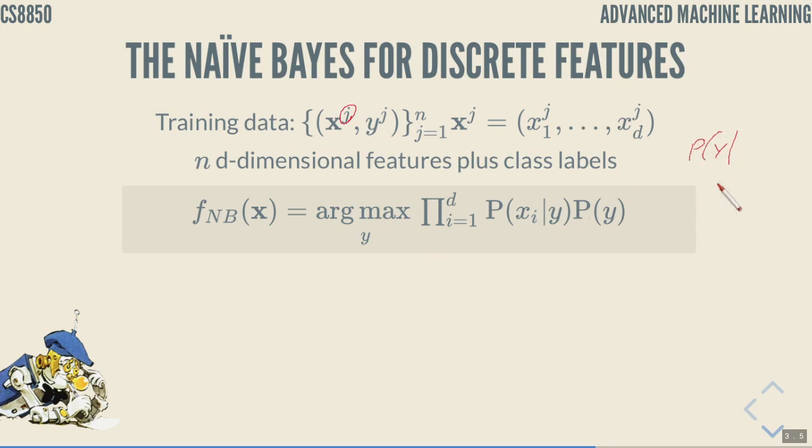When we maximize this, the probability of y given all x's is proportional to this posterior. Basically, it's a posterior distribution when we're maximizing it, so naive Bayes gives us a maximum a posteriori estimate of the class.